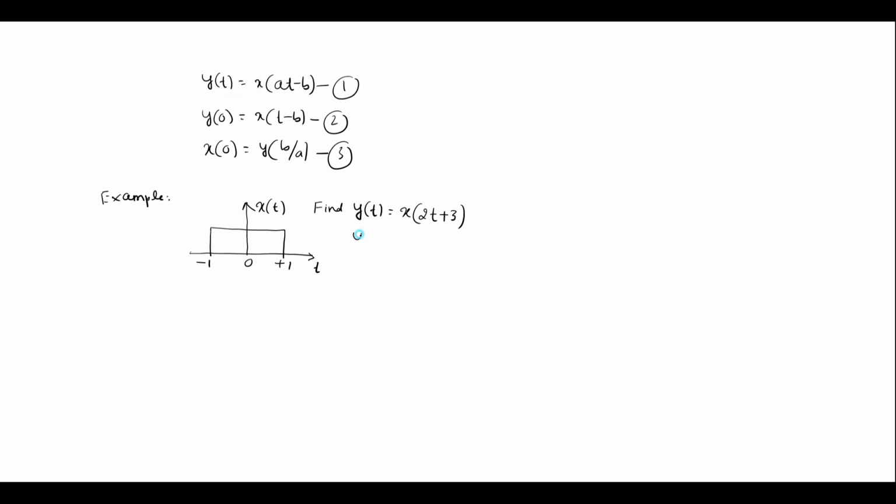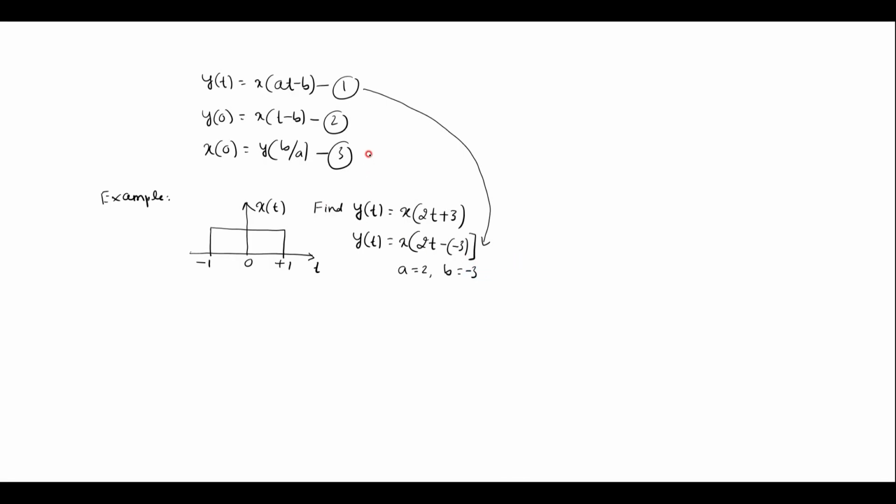I will rewrite this as y of t is equal to x of 2t minus of minus 3. Comparing this equation with equation number 1, we can say that a is equal to 2 and b is equal to minus 3.